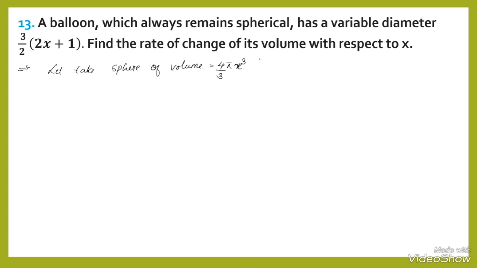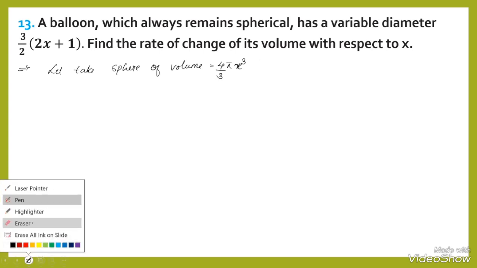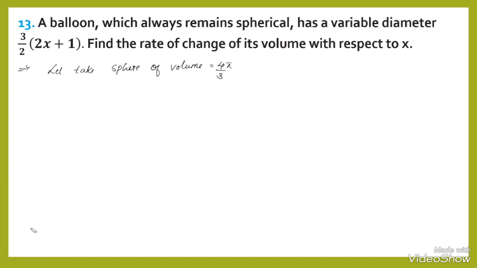Sorry, I got a bit confused here. It will be the same, r cube only. The volume changes with respect to x. So dv by dx is equal to d by dx of 4 by 3 pi r cube.